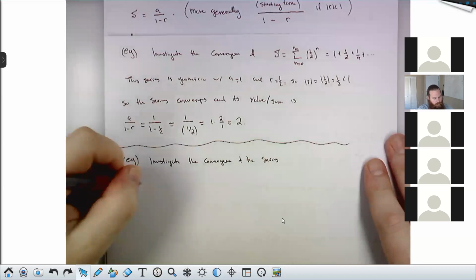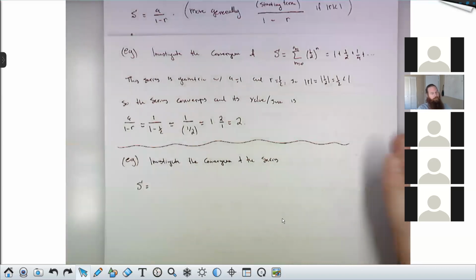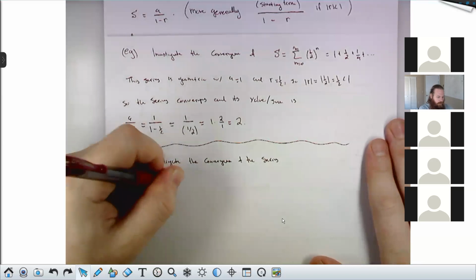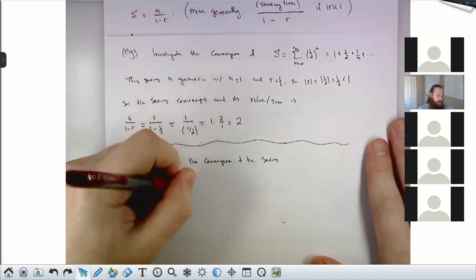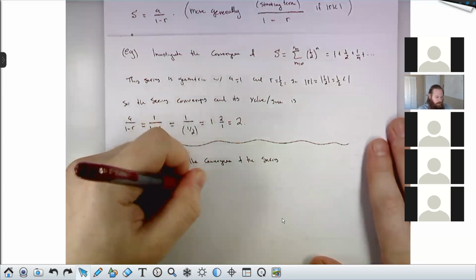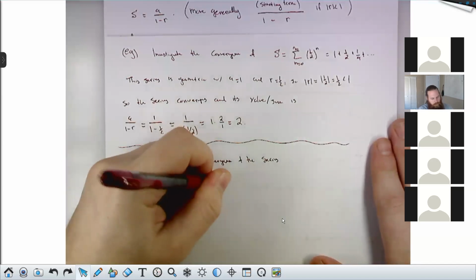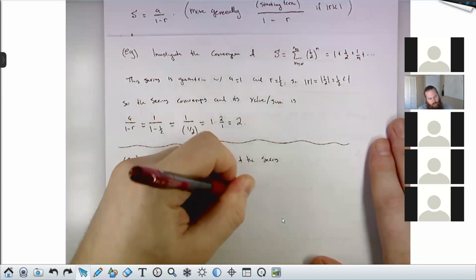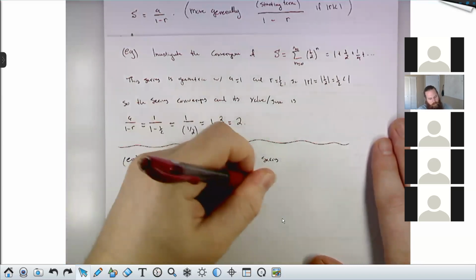Let's say S equals 2 minus 2/3 plus 2/9 minus 2 over 27 plus 2 over 81 minus, and so on.